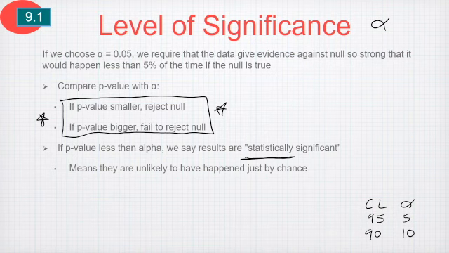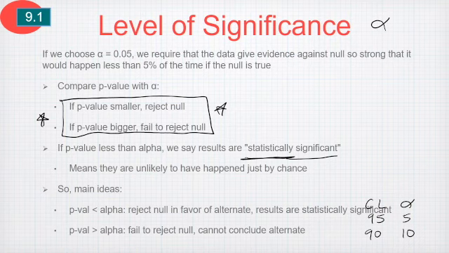A lot of people use the term statistically significant or significantly different, but when you say that, we're talking about a very specific thing: the p-value is less than your alpha. You cannot use the word significant unless that's true. Again, it means it's unlikely to have just happened by chance.